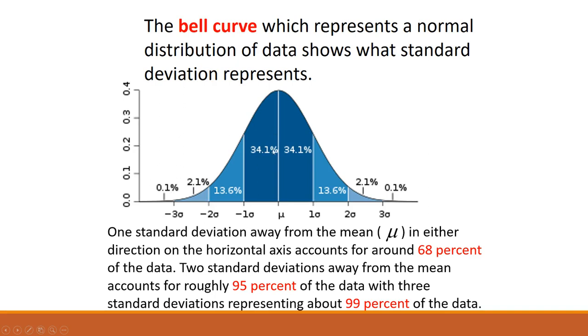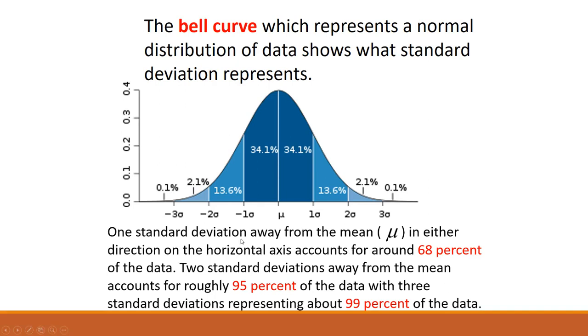Another 34.1% of the data falls between the mean and one standard deviation below the mean. So basically, the standard deviation can help us to know what proportion of our population falls within a particular range.